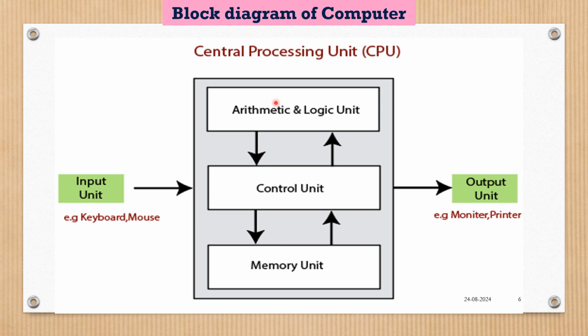All arithmetic and logical operations are performed by the ALU, and it works on logic gates. The control unit controls all the buses and the instructions delivered to the ALU and the memory. So the entire circuit is controlled by the control unit.